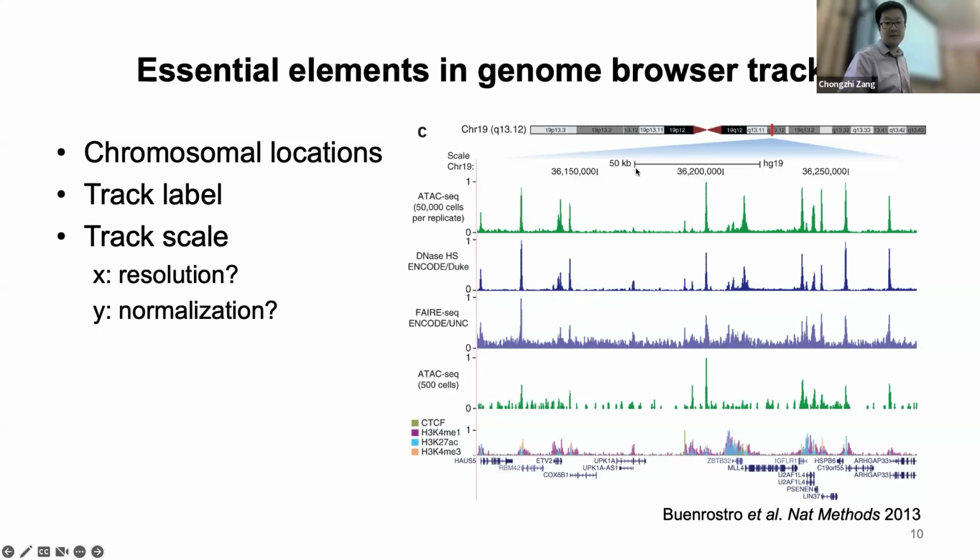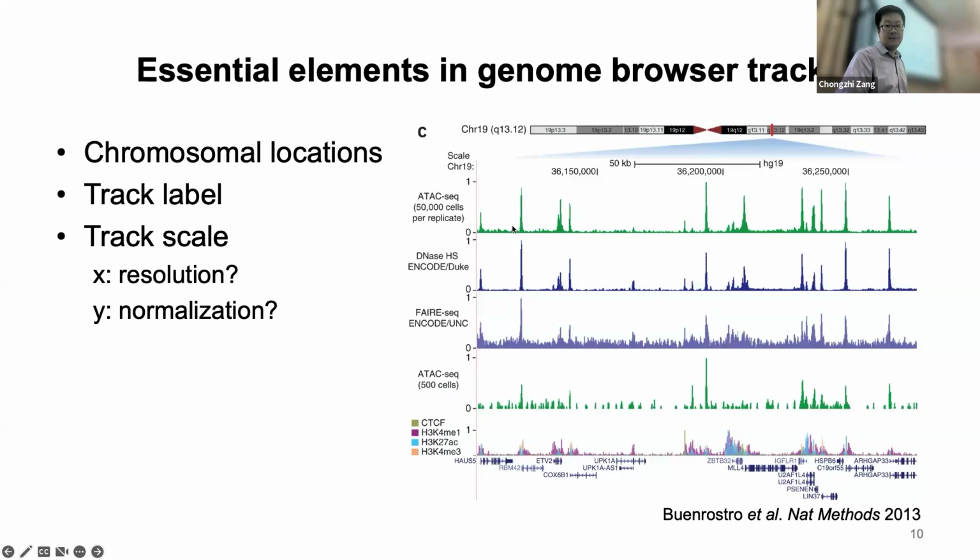In this example, this whole window is about 50 kilobases, which is usually bigger than the average size of a gene. We can see there are a lot of annotated genes labeled here, so this whole region covers multiple genes.